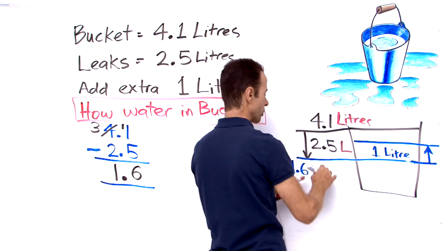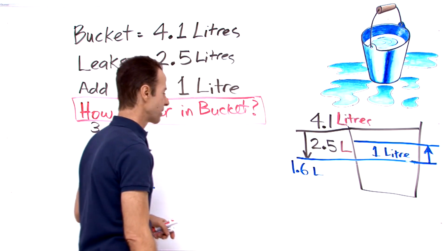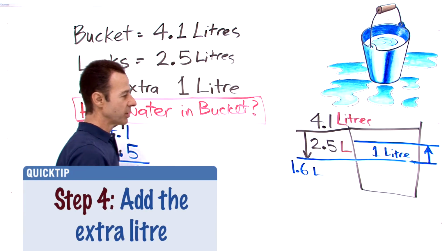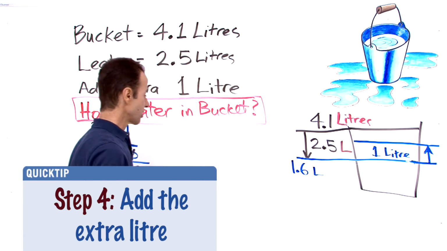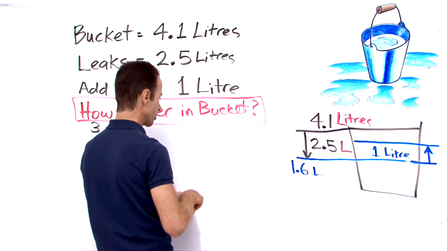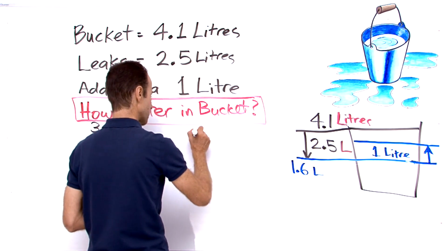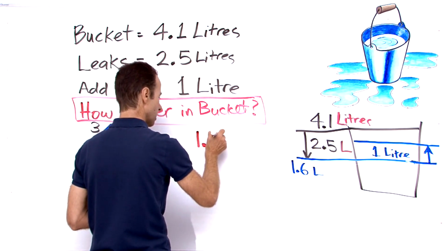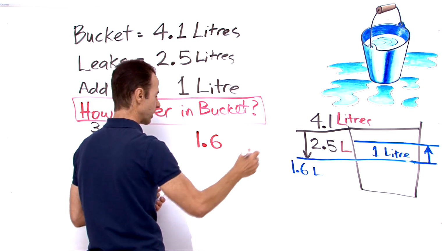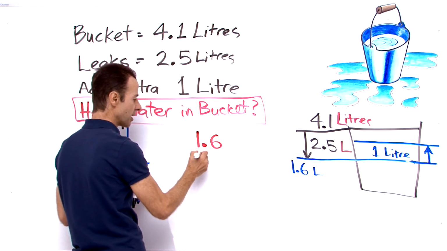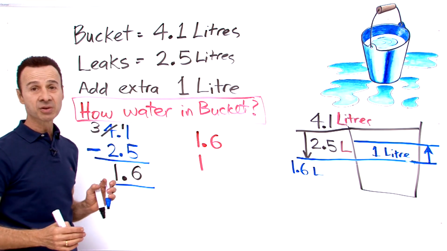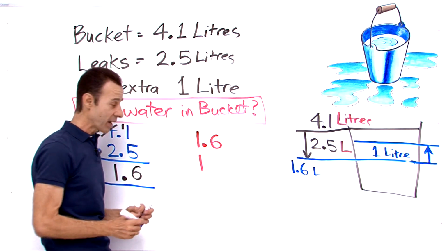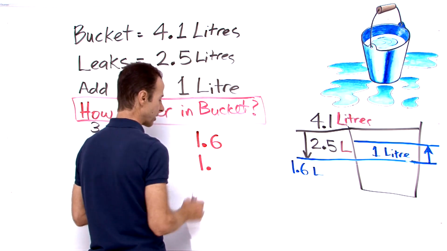Right there, 1.6 litres. Now we're going to add a litre to that. So 1.6 plus another litre. We're going to add it together over here. I'll do it in red. 1.6, and we're going to add 1 litre. 1 is one number by itself, so it's just 1 on the left. There's no other number around it, so the decimal point goes on the tail end right there.